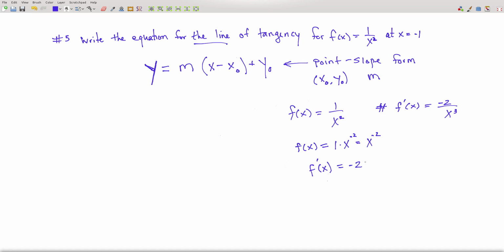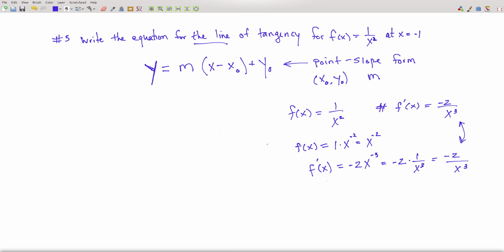This is -2x, but now the exponent is -2 minus 1, which is -3. This is just the same as -2 times 1 over x cubed, which is -2 over x cubed, exactly what they told you it would be. There we have our derivative.